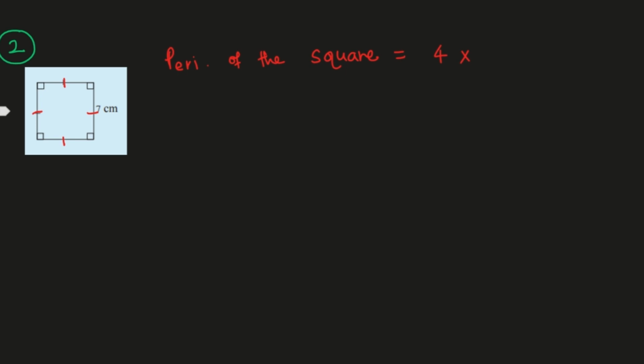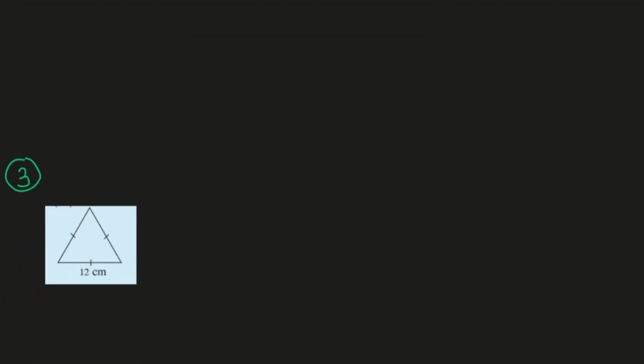The length of a side. So we can write it like 4 into the length of a side. What is the length of the side? It's 7 centimeters. So the answer will be 28 centimeters. So we can tell that in this square, the perimeter is 28 centimeters.